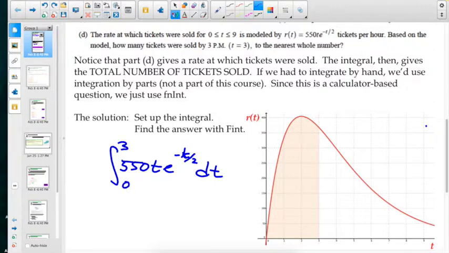And I'll show you, underneath the purple bar is the actual rubric that the graders use to grade this problem. So we'll show you how the point distribution kind of works. Okay, so we throw that in our fnInt, and we get an answer. And what answer do we get? 973.